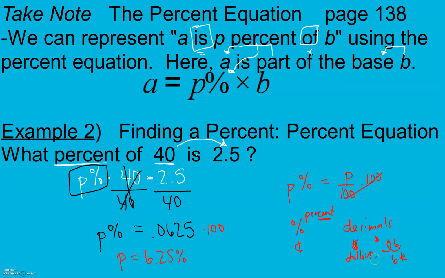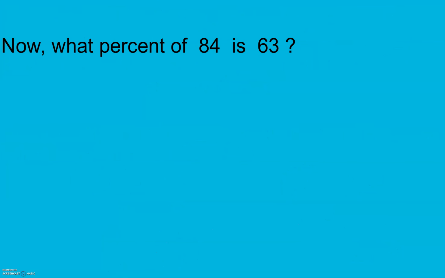So that's one way you can remember which way your decimal goes, but it's 2 places because P over 100 is the exact same thing as P percent. So we have to switch from our decimal into a percent. We can do that by multiplying by 100 or moving our decimal 2 places. 6.25 labeled as percent. Now feel free to pause here and give this a try if you'd like.